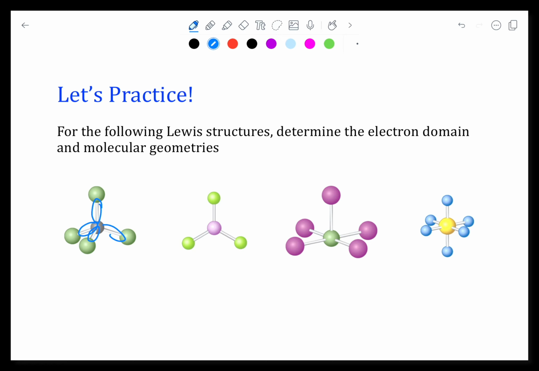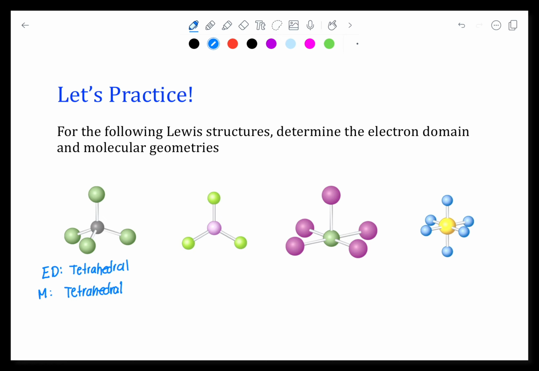All of our angles look correct. We have 109 degrees between all of those. So our electron domain geometry is going to be tetrahedral, and our molecular geometry is also going to be tetrahedral.